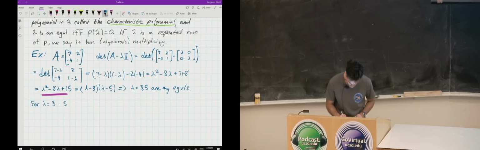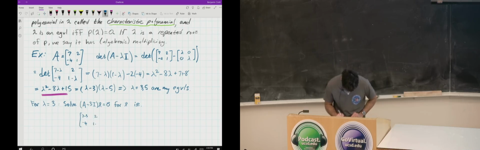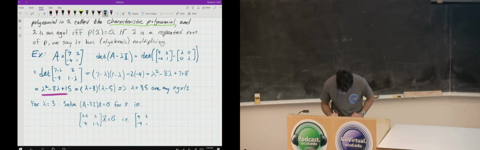Okay, so I need to solve A minus 3I times x equals 0 for x, i.e. 7 minus 3, 2, negative 4, 1 minus 3, times x equals 0, i.e., 4, 2, negative 4, negative 2, and let's just call x to be x1, x2.